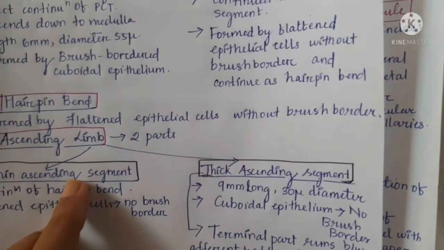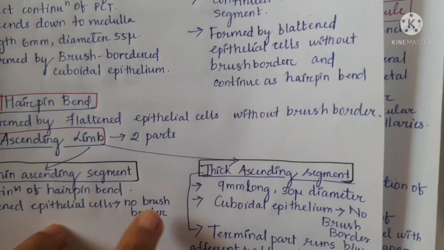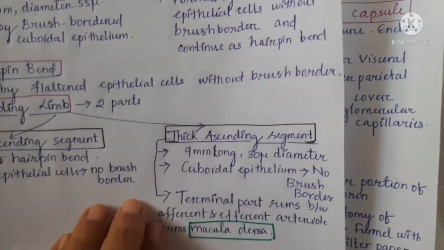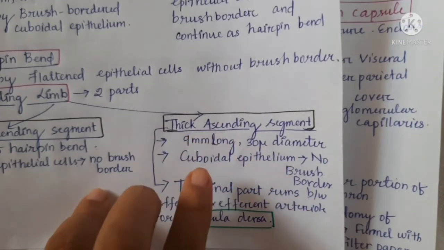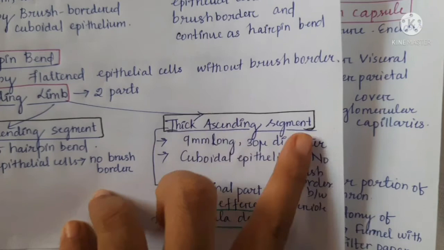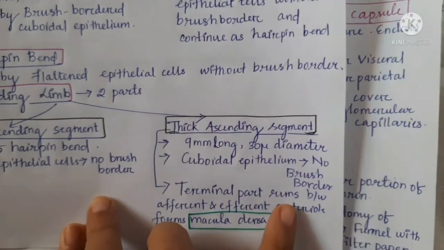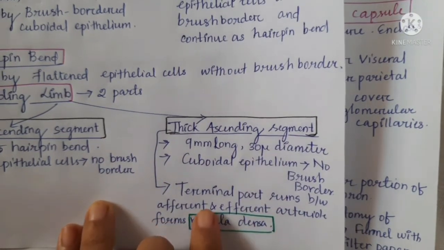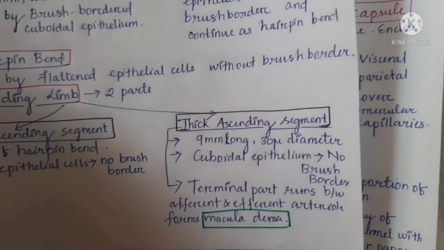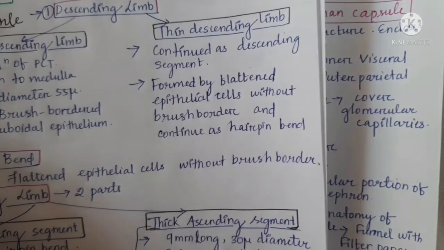The terminal part of the thick ascending segment runs between the afferent and efferent arteriole and forms the macula densa. We will read about the macula densa in later topics.